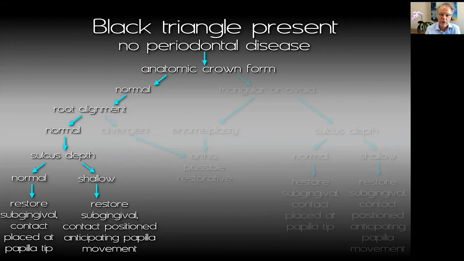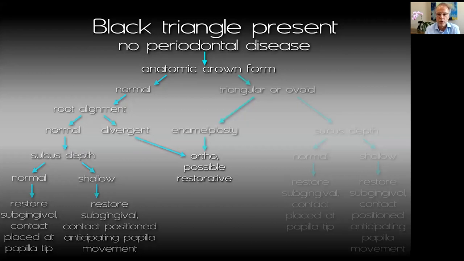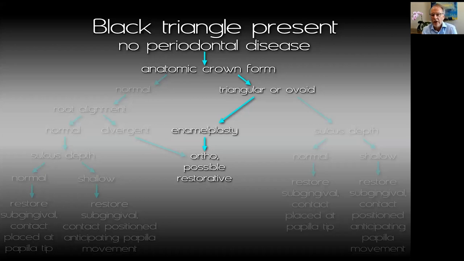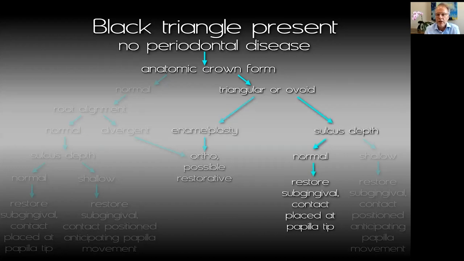So the papilla is going to creep. We'll discuss again how we know that in a moment. If we have diverging roots, then you consider ortho and possibly restorative. If the anatomic crown form is triangular or ovoid, we can consider enamelplasty, as I showed you, ortho, and possibly restorative. You start thinking about sulcus depth. If it's normal, restore subgingivally, with the contact placed at the tip of the papilla.